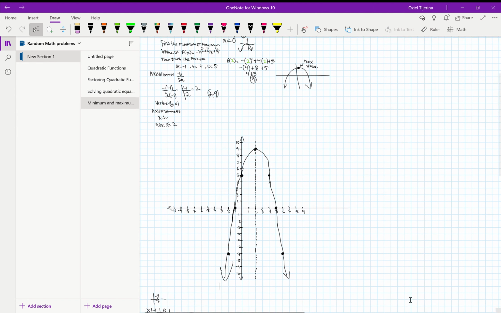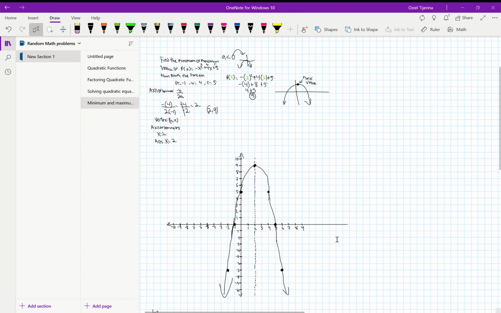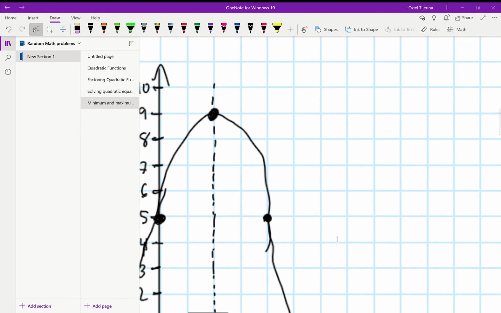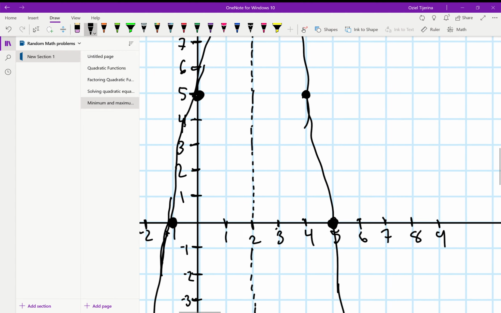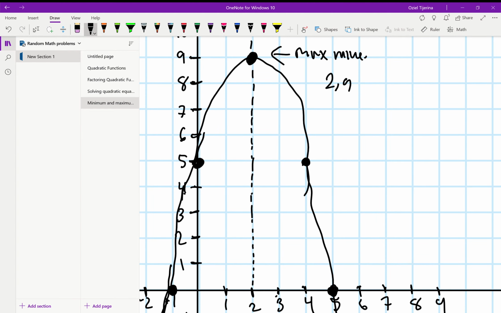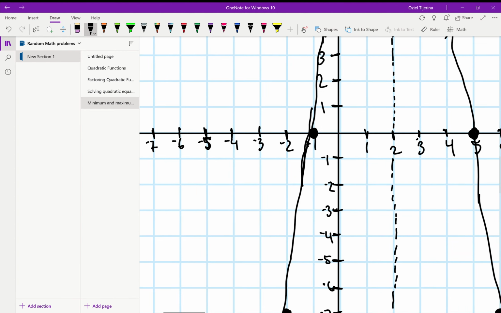And according to this, that means that our maximum value is going to be up here. This is going to be our maximum value. And here, it's at 2, 9, okay? So that's going to be the maximum value.